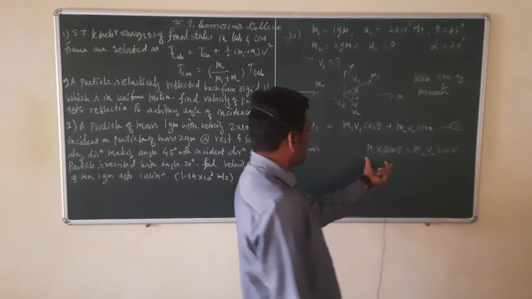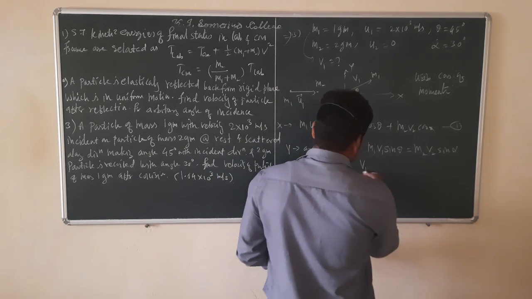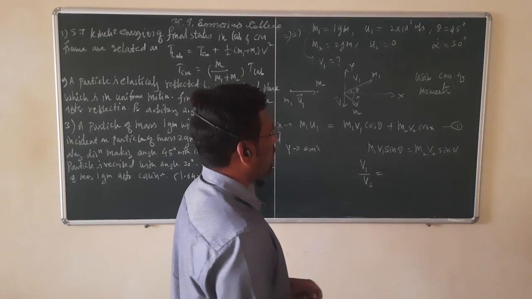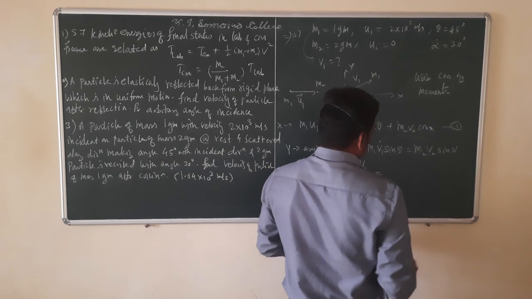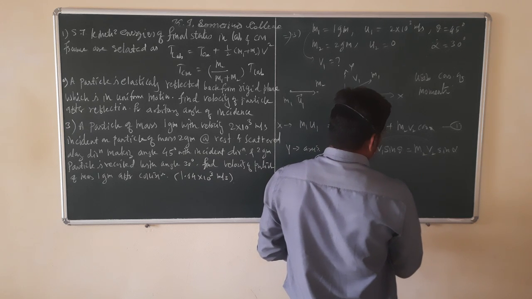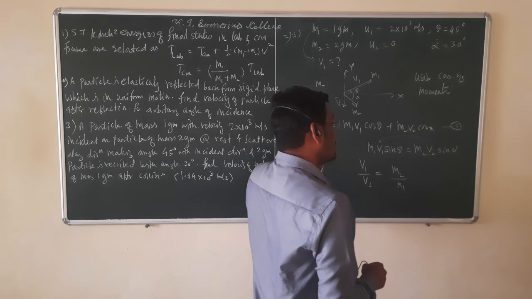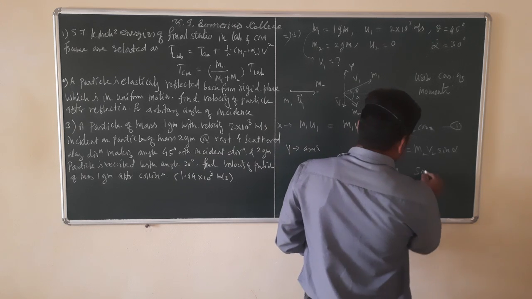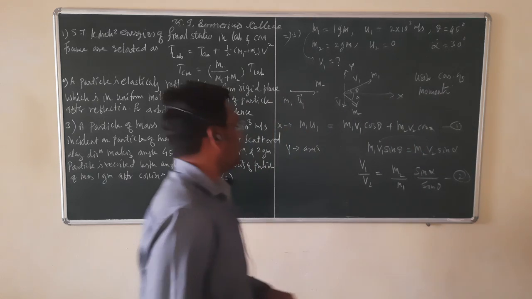So from this equation, v1 upon v2 is equal to m2 upon m1 times sine alpha divided by sine theta. Call this equation 2.